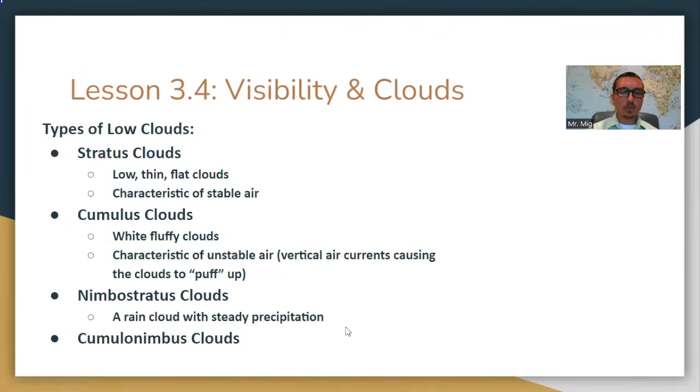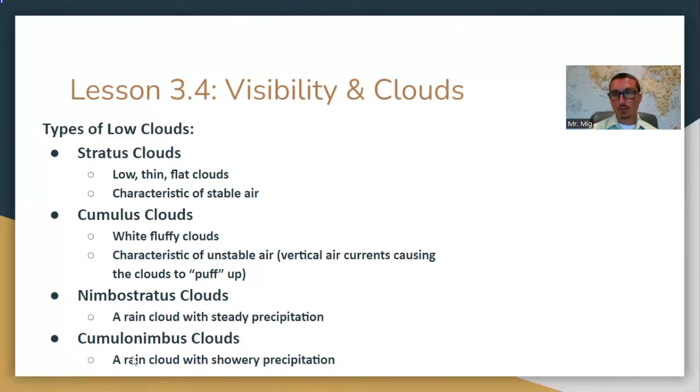Nimbostratus clouds are rain clouds with steady precipitation. Remember, the steady precipitation, as we talked about in the last video, had stable air. It was the showery precipitation that had the unstable air. Cumulonimbus clouds are rain clouds with showery precipitation. So nimbostratus would have steady, stable air.